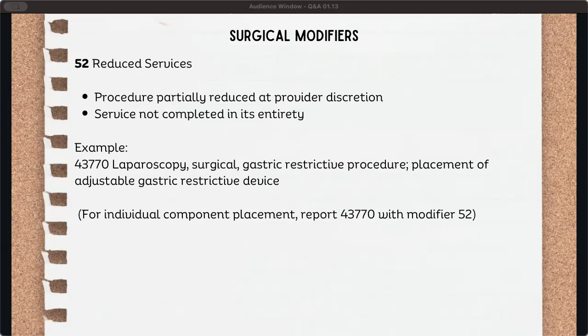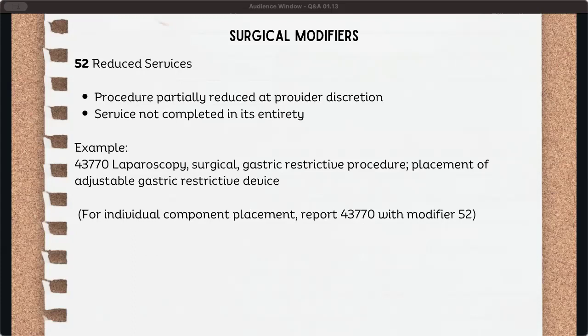Next, we have modifier 52, which is used to indicate reduced services. So if a procedure is partially reduced or eliminated at the provider's discretion, then you want to append a modifier 52. If a bilateral service, so something that our CPT code specifically states is a bilateral service, is performed unilaterally, then you are able to report a 52 in order to indicate that it was not done bilaterally.